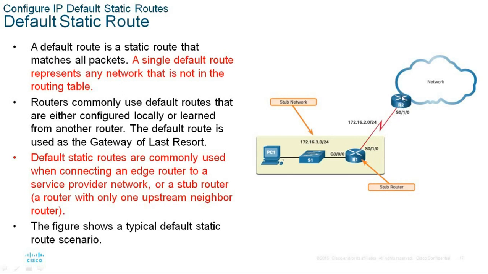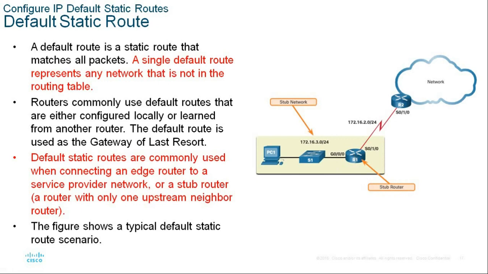In scenario one, we don't know the remote network, and we can use the default route, as well as in a situation like a stub router. We can prefer the default static route. The third case is how the router checks the routing table.